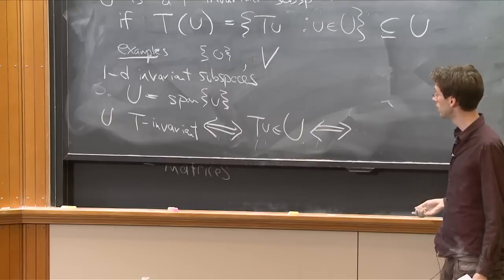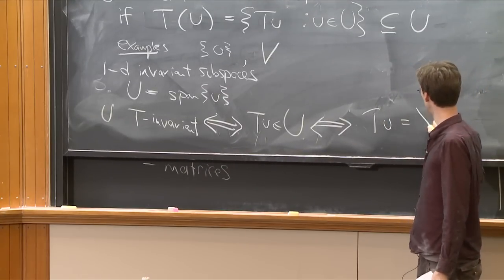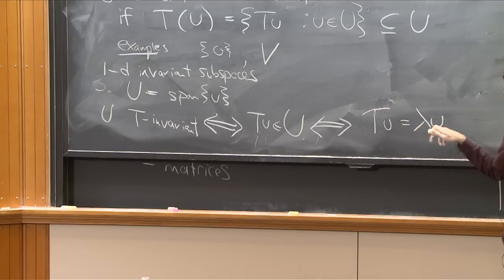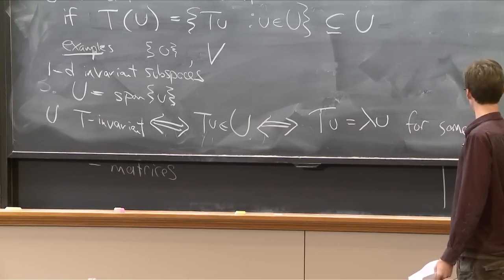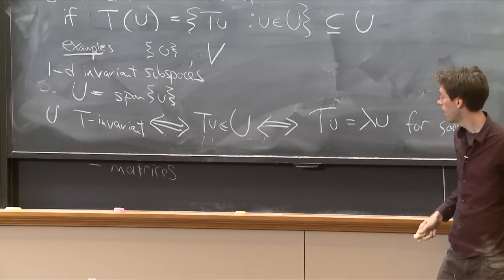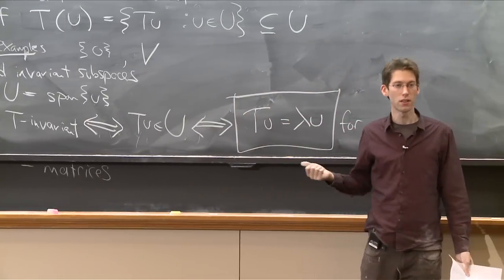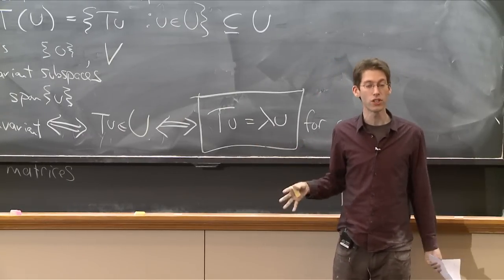And that, in turn, is equivalent to TU being some multiple of U. And this equation you've seen before. This is the familiar eigenvector equation.